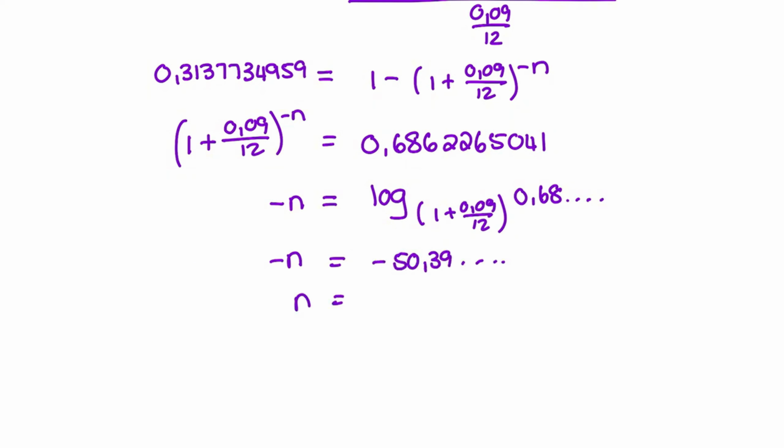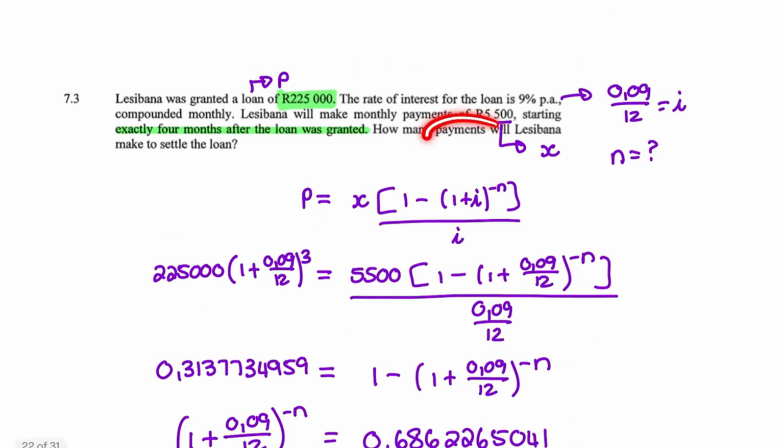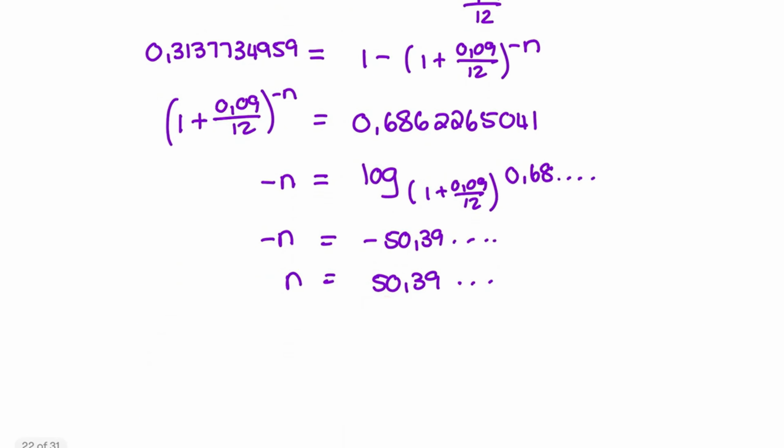Therefore, n is equal to 50.39. Now, the question was, how many payments will Lesibana make to settle the loan? So she's going to make 50 full payments, and then there's a little bit still outstanding. So therefore, Lesibana will make 51 payments.